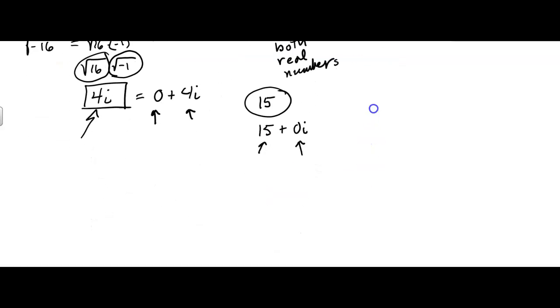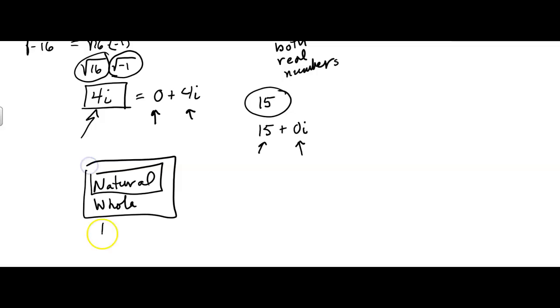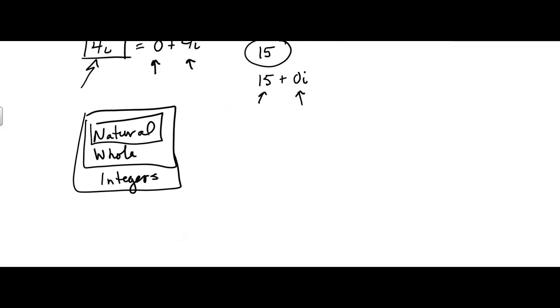So remember, sometimes we have sets of numbers, like we had the natural numbers and the whole numbers, and all natural numbers were also in the set of whole numbers. You might remember something like this. And then we had integers, and then all whole numbers were integers. Just kind of reviewing here.